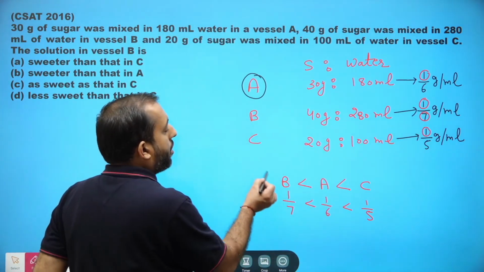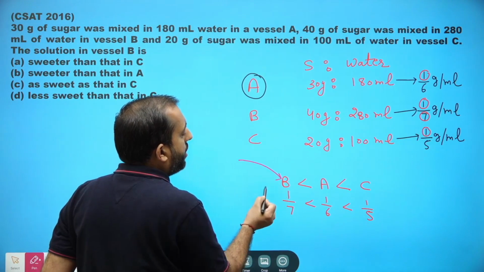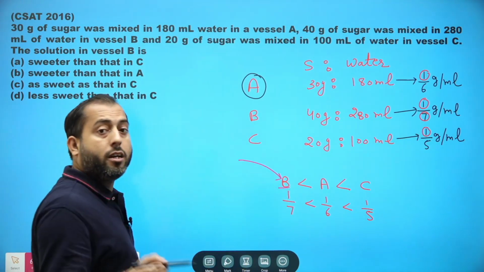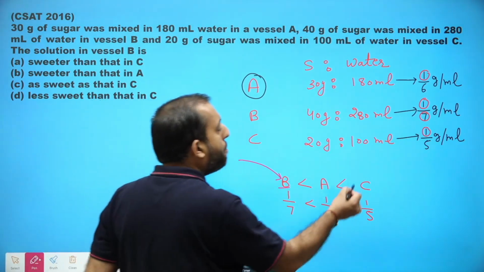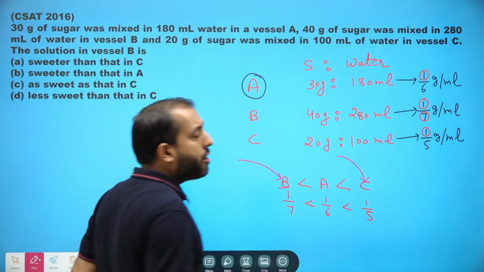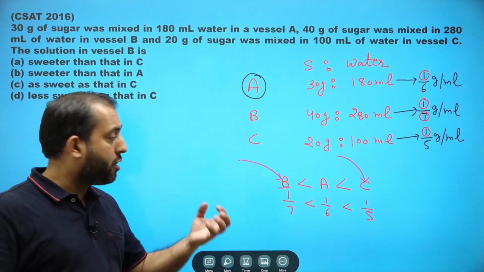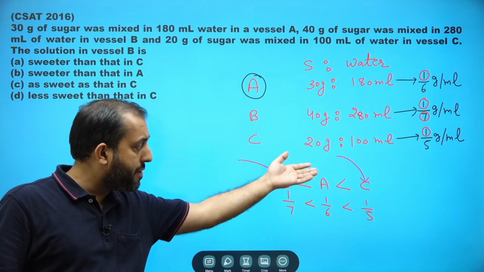So the mixture in vessel B is the least sweet, and the highest sweetness is in vessel C.